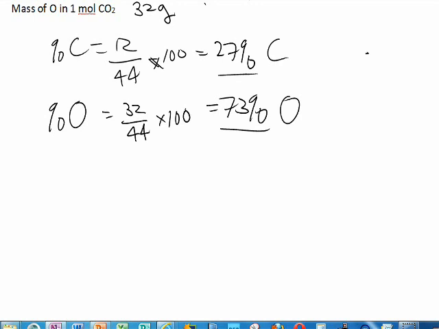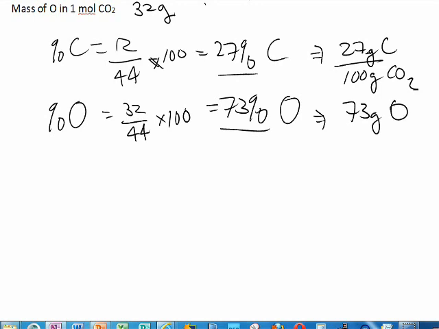For example, this is basically saying there are 27 grams of carbon per 100 grams of CO2. This is basically saying there are 73 grams of oxygen in 100 grams of CO2.